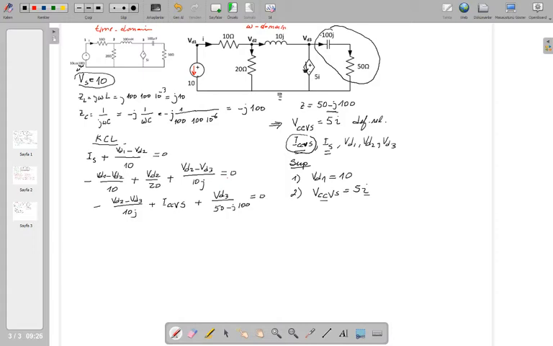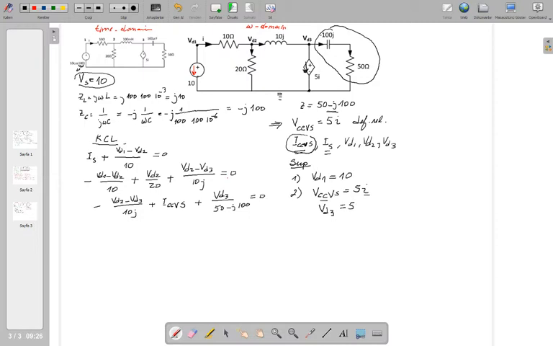How we are going to do it is easy. This element voltage is a node voltage, isn't it? That VCCVS is VD3. Why not VD3 minus something? Because minus 0, isn't it? That's ground. VD3 minus 0 is the voltage of this element. So VD3 is equal to 5.